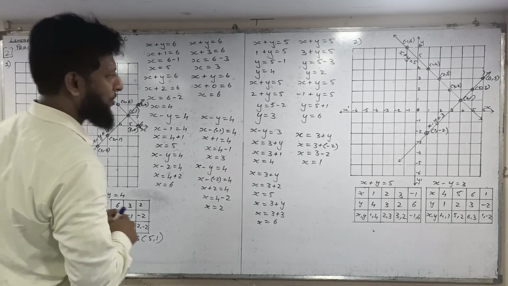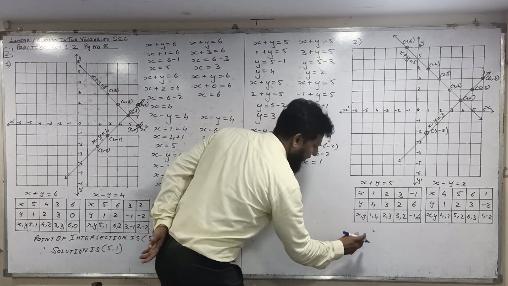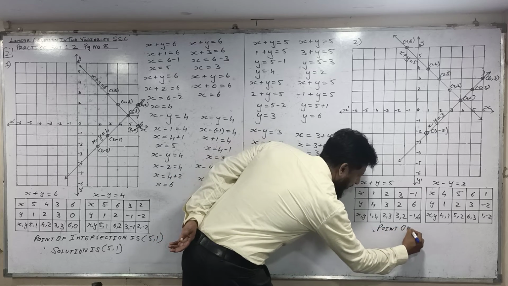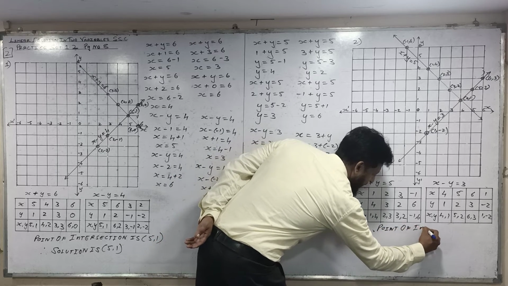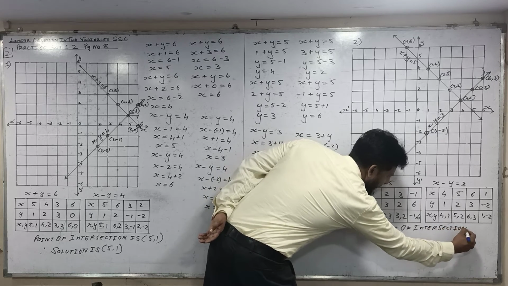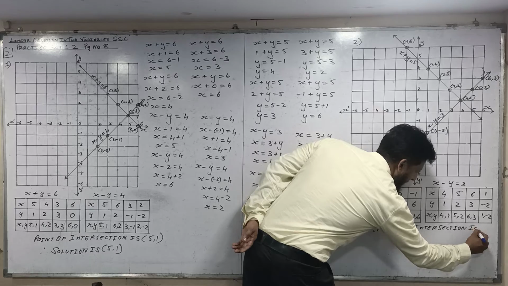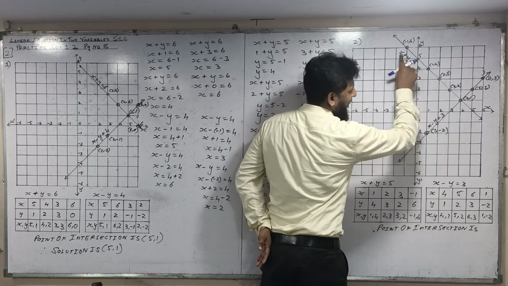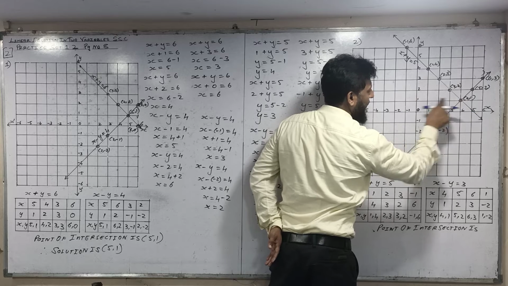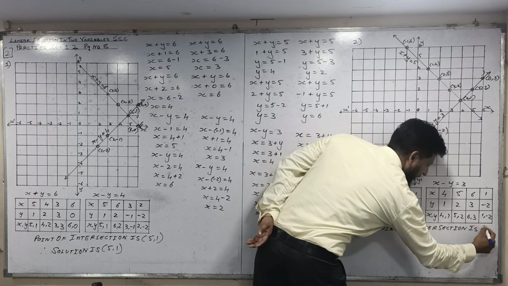Write the point of intersection of the lines. Point of intersection is, see, this line and this line intersect at 4 and 1. Okay, so 4 and 1.